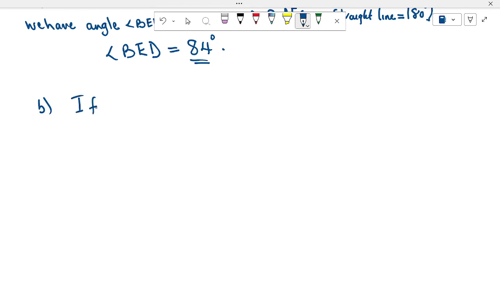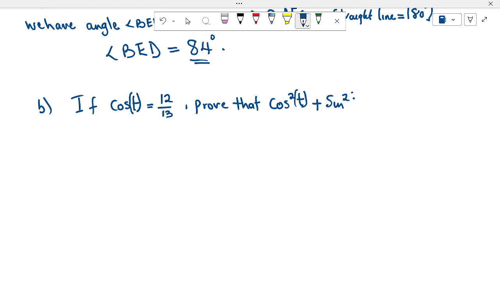If cos t equal 12 all over 13, prove that cos squared t plus sine squared t equal to 1.